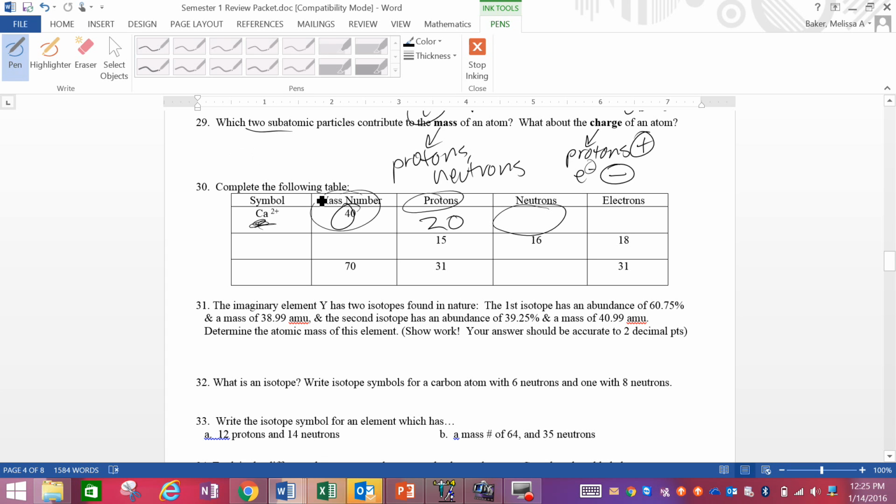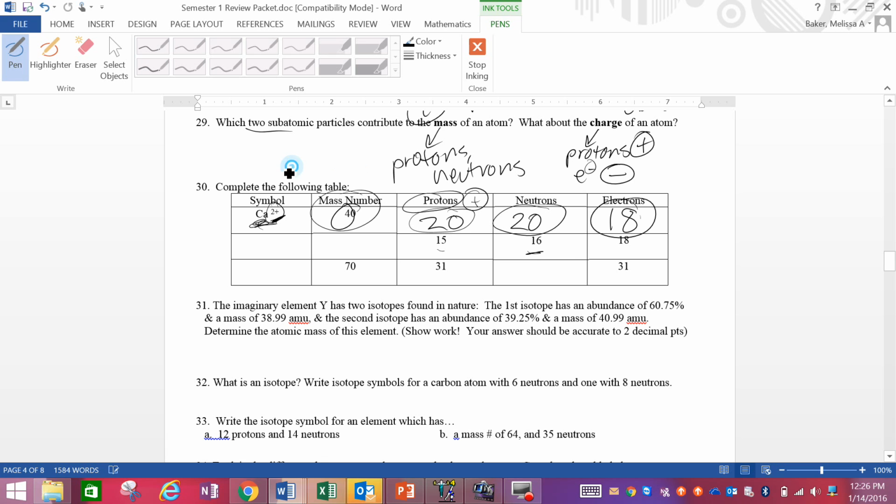So if the mass is 40 and 20 is from protons, that means the neutrons must weigh 20. And because it has a positive 2 charge, that must mean that it's lost 2 electrons, and it only has 18, because normally it would have 20, but the positives are winning by 2. That's why it's a plus 2. So there can only be 18 electrons.